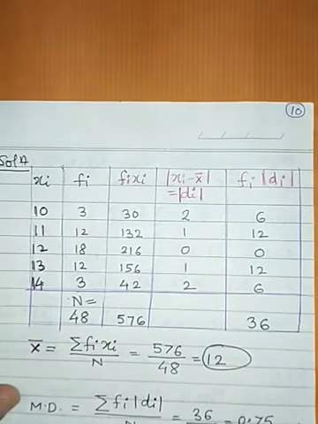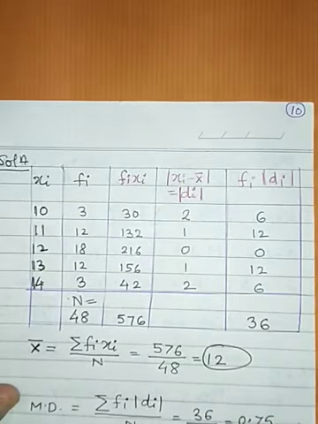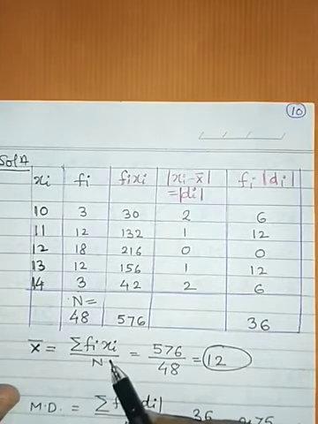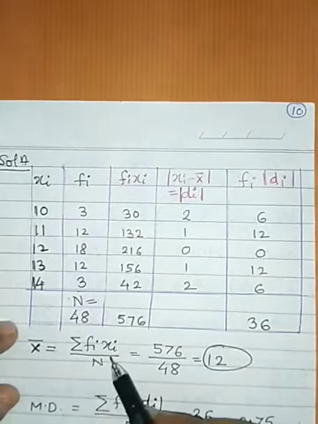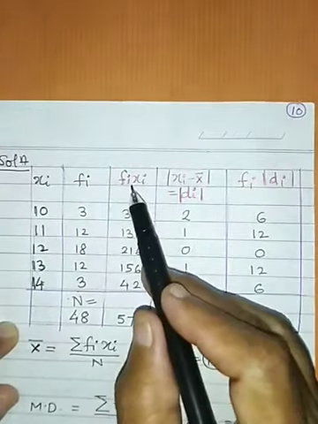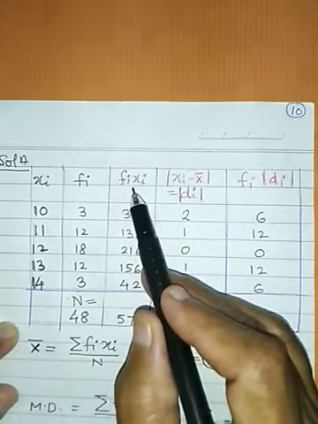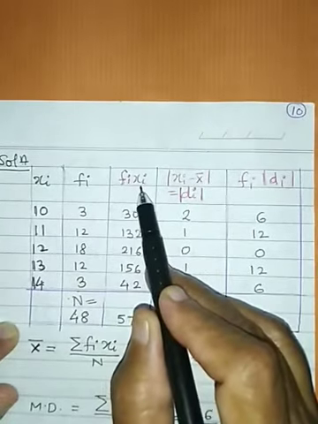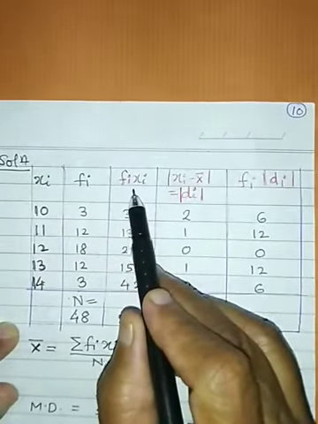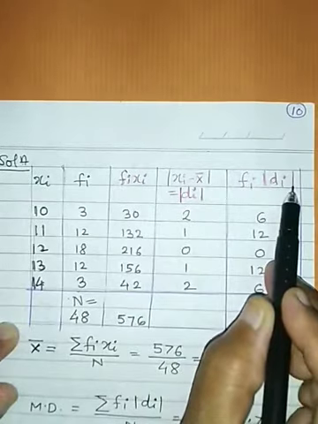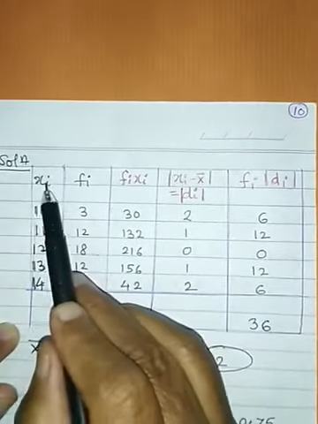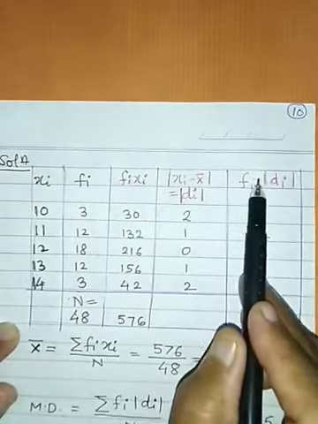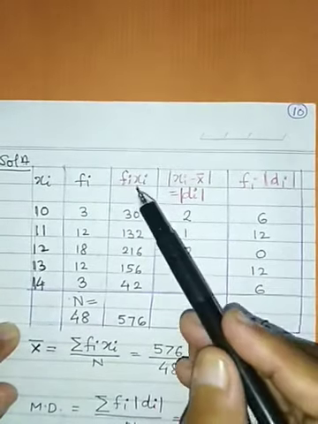Now remember, for average you need summation fi xi. Look at the formula here, summation fi xi upon n. So I have to first make a column of fi xi. The next columns I am making, whatever new columns I am making, I am writing them in red, so that you will know that the other two columns are given in the example. So fi into xi.